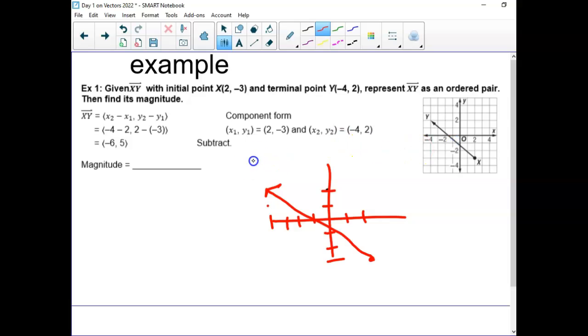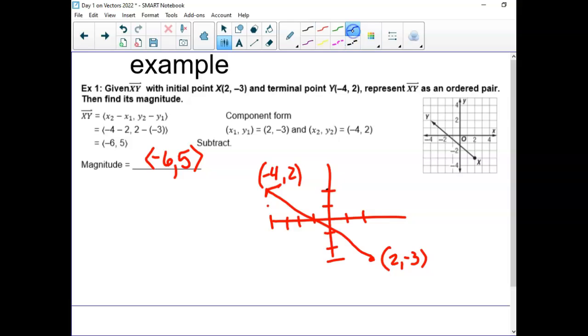We're going to actually use the subtraction. So if it went from (2, -3) up to (-4, 2), I usually do them in my head because I say to myself, the x went from +2 to -4. That's left 6. If I went from down at -3 up to +2, I went up 5.